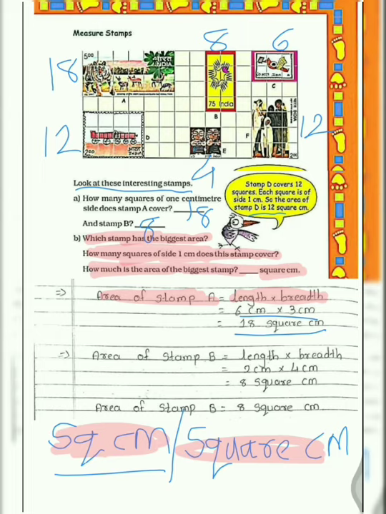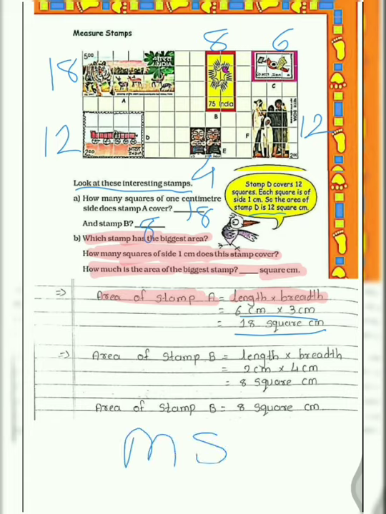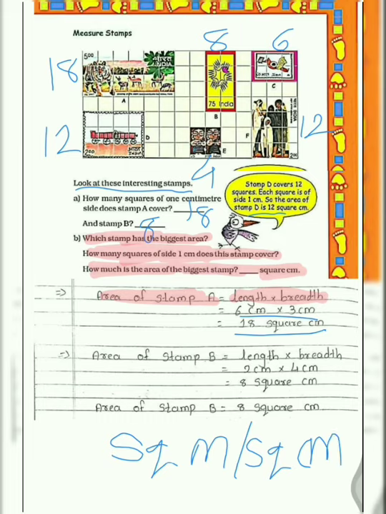Whenever in the question the side is given in centimeter, at that time you have to use square centimeter, and whenever in the question it is given in meter, at that time we will use square meter. Getting it or not? But when we are talking about area, at that time we have to use square centimeter or square meter. Clear? Only when perimeter is given, at that time we have to use only meter or centimeter.